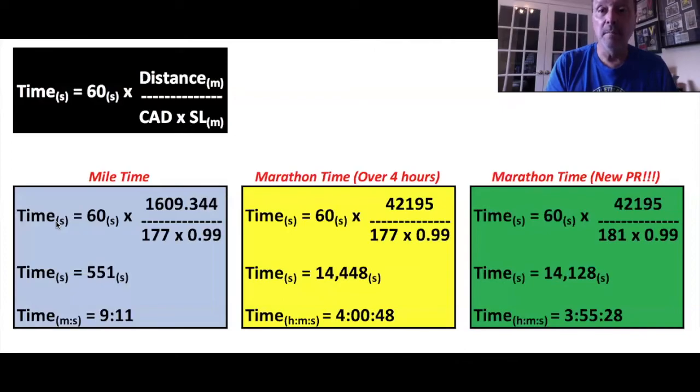You give me, through this equation, somebody's cadence and their average stride length, I'll tell you what pace they went. So look at these to determine your paces and what you can do about it. What's the benefit of just increasing your cadence, if that's your weakness, or increasing your stride length, if that's your weakness. Either way, you will run faster.